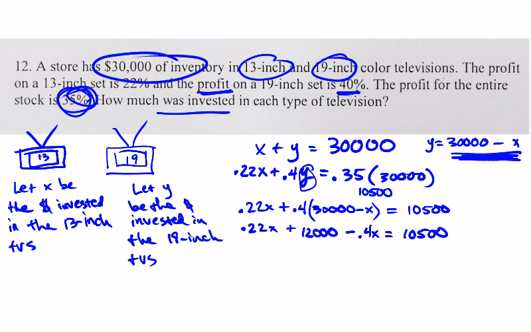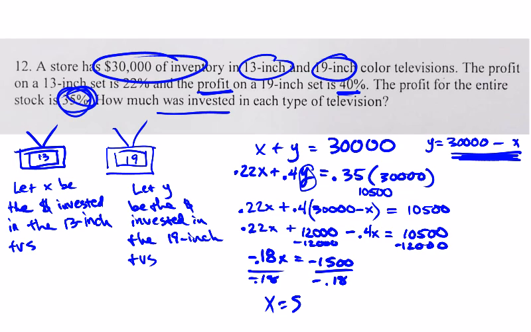We're going to combine like terms, so that would be negative 0.18x equals, and I'm going to subtract 12,000 over, and that would be negative 1,500, and we're going to divide by negative 0.18, and you would have yourself your answer for how much you invested in the 13-inch TV.